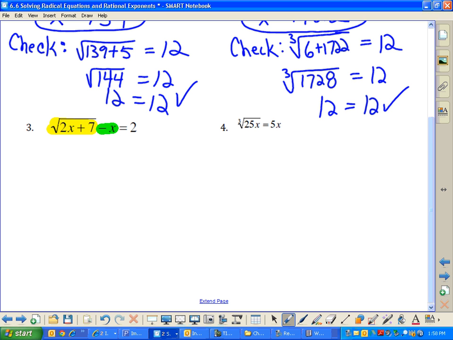That minus x can't be there. I have to isolate that radical. So I'm going to add x onto both sides. So I have 2x plus 7 is my radicand, and then that's equal to x plus 2. If I want to get rid of that radical, I now have to square both sides.